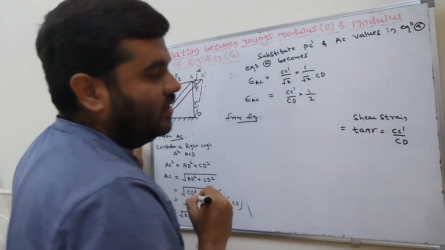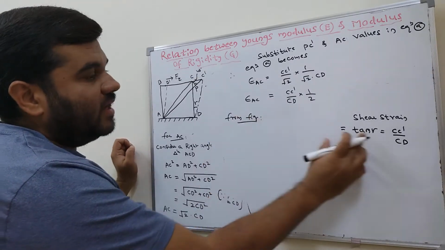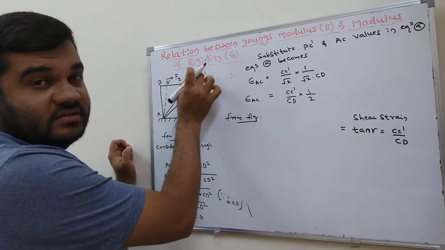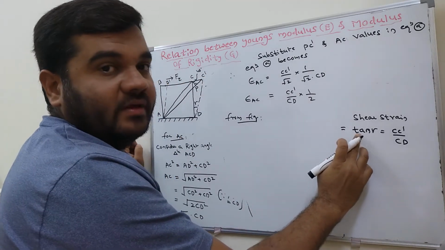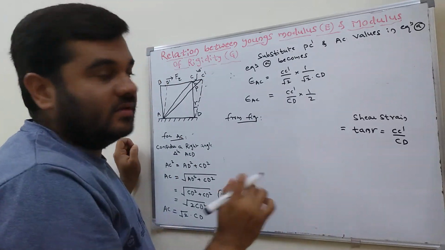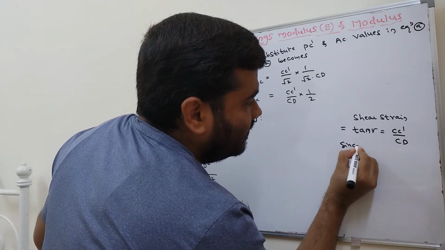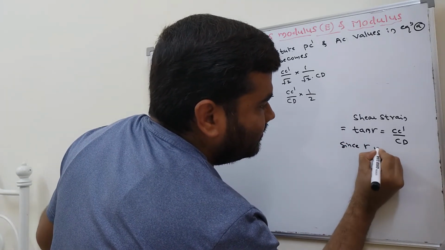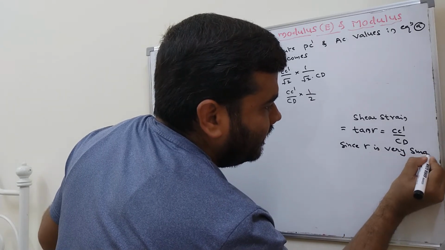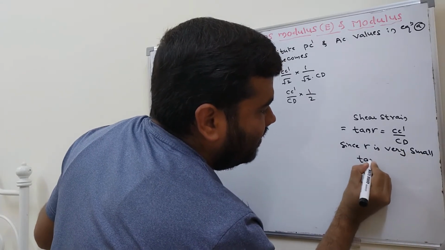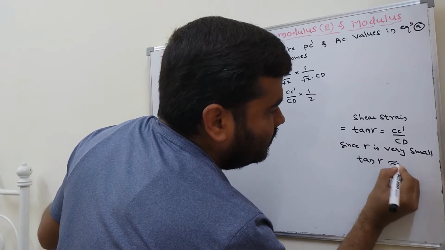Now the gamma is very small. Whatever the deformation, it is very small. So normally we take tan of gamma as gamma. Since gamma is very small, tan of gamma is nearly equal to gamma.